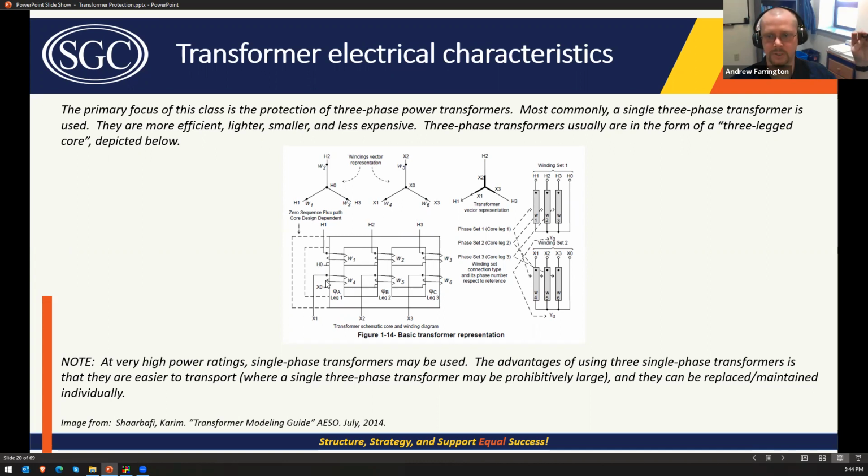The polarity side of each winding heads off and goes to the X1, X2, and X3 bushings respectively. Same thing for the high voltage bushings. These would be in phase with each other. So you've got the high voltage and low voltage windings, and they're in phase, as shown by that vector diagram. And this is showing the different bushings and how you're connecting the cores.